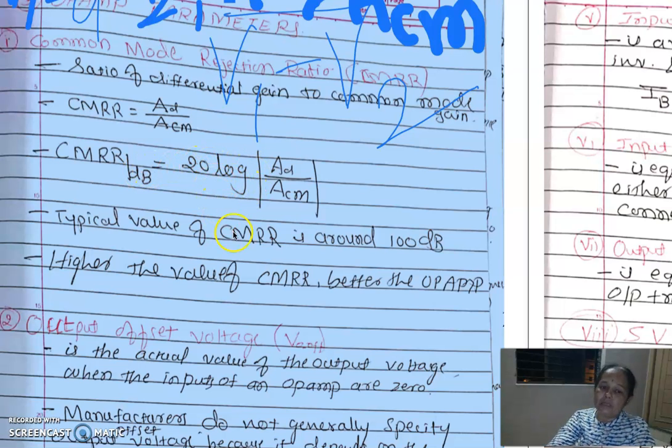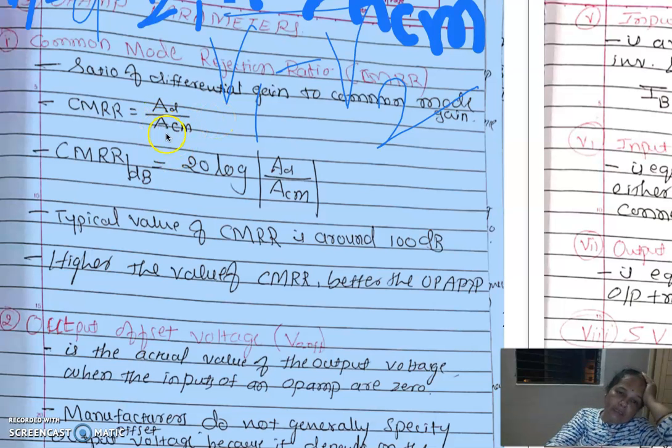And what is the nature of CMRR? The typical value of CMRR is very high, around 100 dB, and we expect a higher value of CMRR. The higher the value of CMRR, the better the performance of the op-amp. Why the common mode rejection? We want to reject when both the inputs are equal to each other.